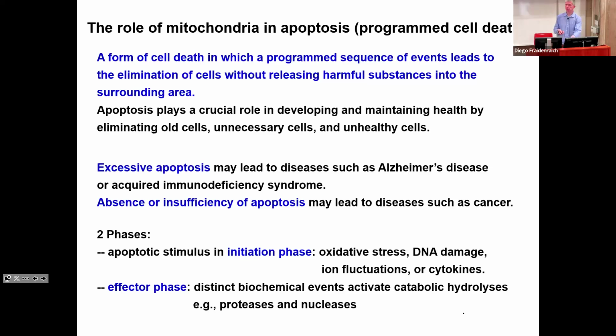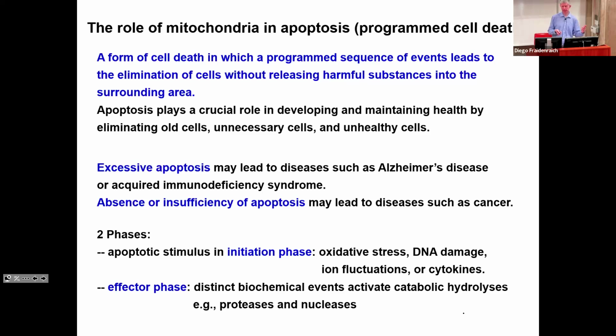Okay, so these are two examples: too much DNA damage and oxidative stress. There would be ion fluctuation, for example in cardiac cells. Cytokines would be another way.